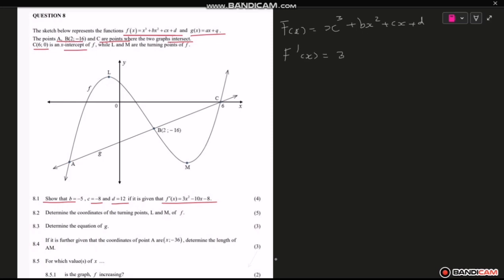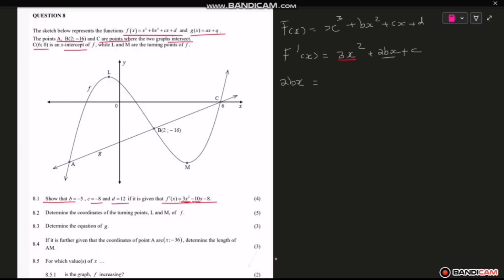So it will be 3x squared plus 2bx plus c. And as you can see here, the 3x squared is what we have on the original graph when we derive it, meaning 2bx will be equal to negative 10x here, meaning we can equate them and solve for b.